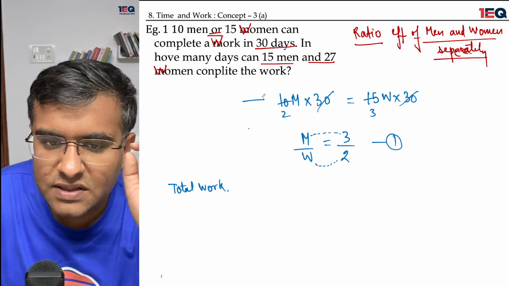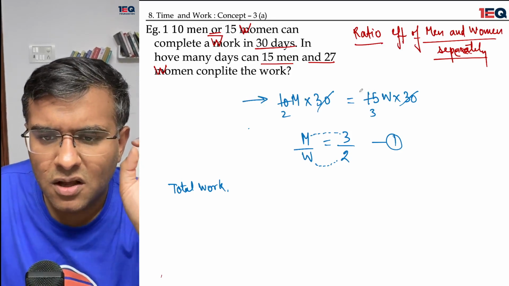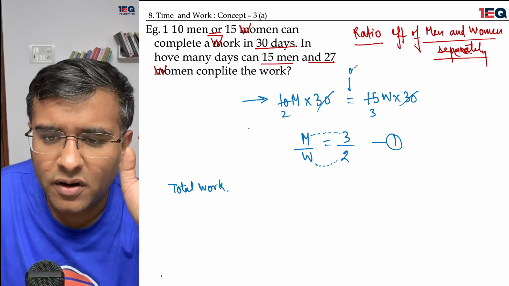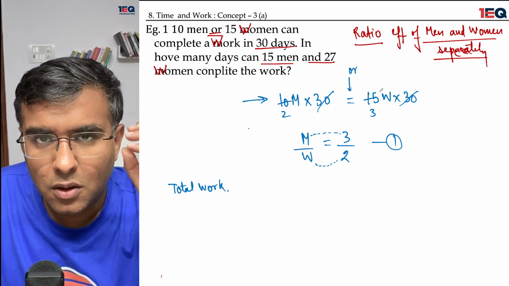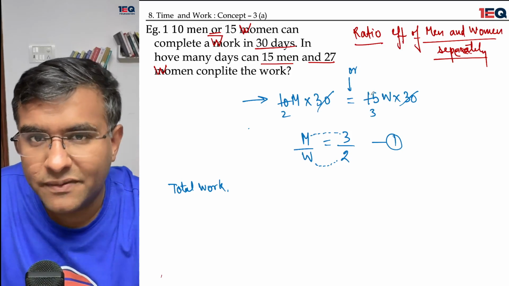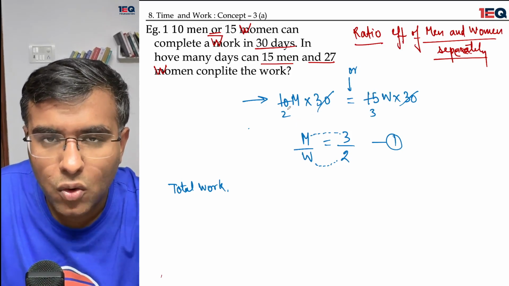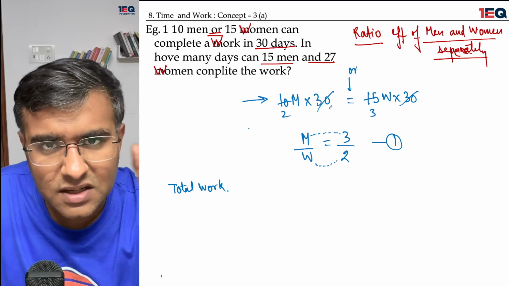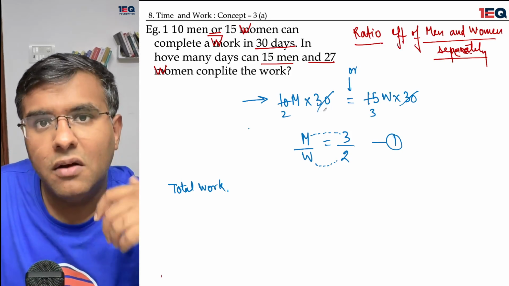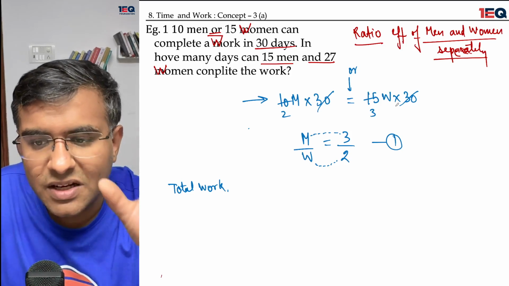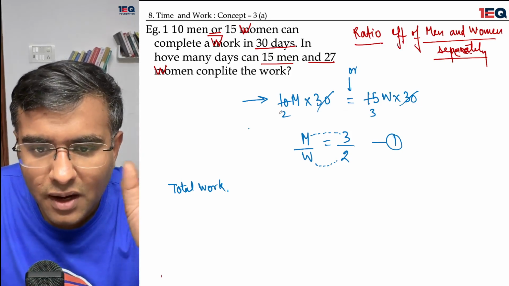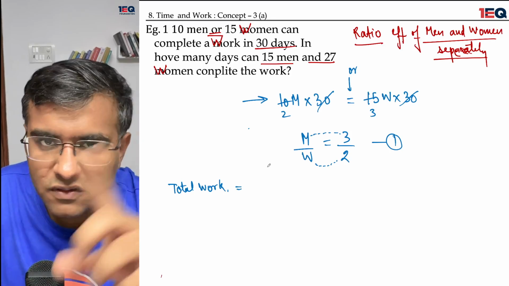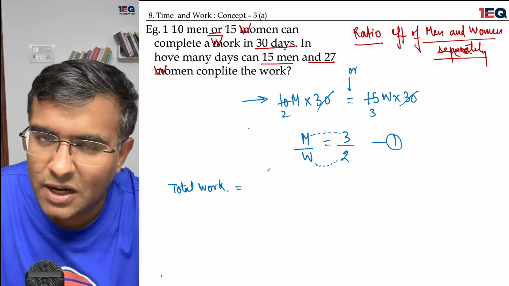In the first instance, we created a small equation where we used the concept of "or" and defined what efficiencies men and women would take up. Now, 10 men multiplied by 30 is the total work being done by men, which is also equal to 15 women into 30. Now, I can take up any of the works, be it that of men or that of women.